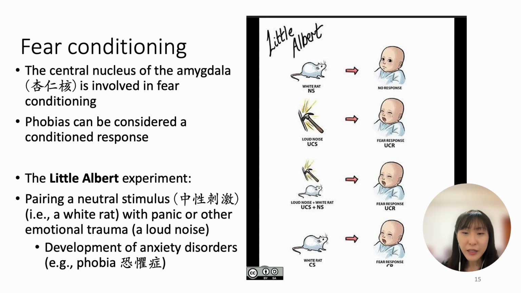So initially, the neutral stimulus, which is the white rat, doesn't create any response in the baby. But after we paired it with panic or other emotional trauma, like a loud noise, the baby becomes fearful of the rat. So this is an example of how the development of anxiety disorders or phobia may occur.